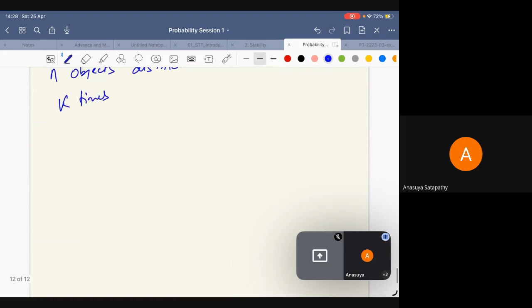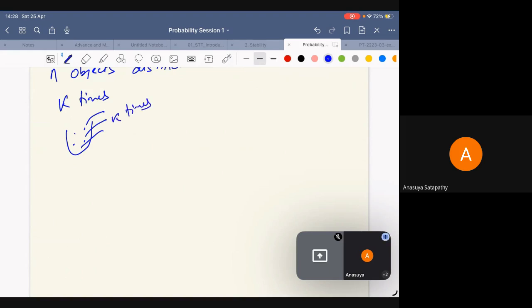So there are n objects inside this bag, n different objects, and k times we have to draw without repetition. So k times we have to take out one ball, then a second, like this, k times.